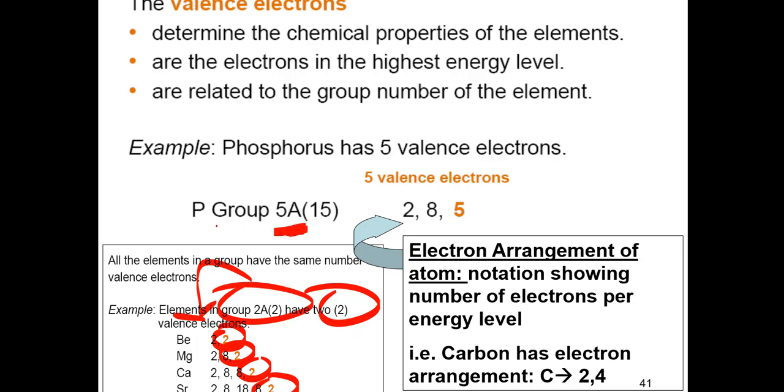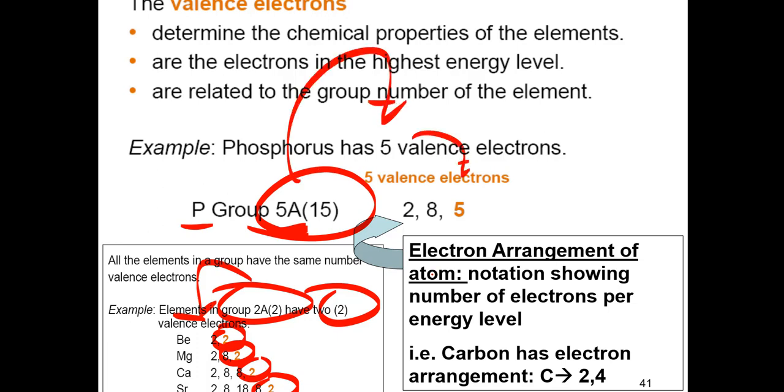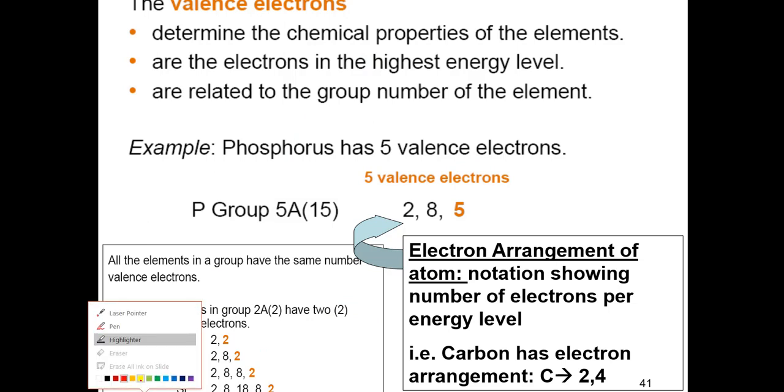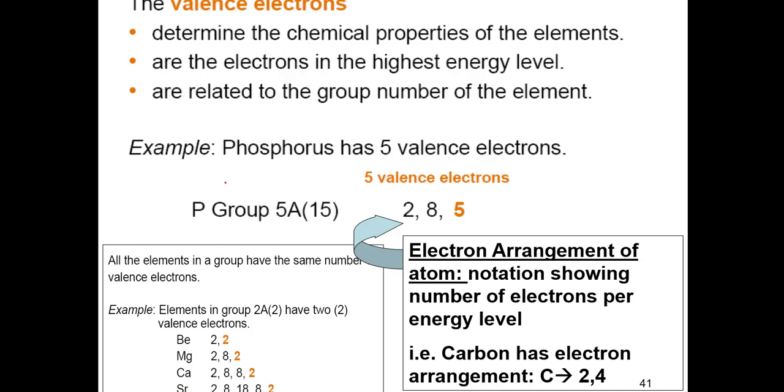So phosphorus is in group 5, so therefore it has 5 valence electrons. Potassium is in group 1, or 1A, and therefore it has 1 valence electron. So that's important.